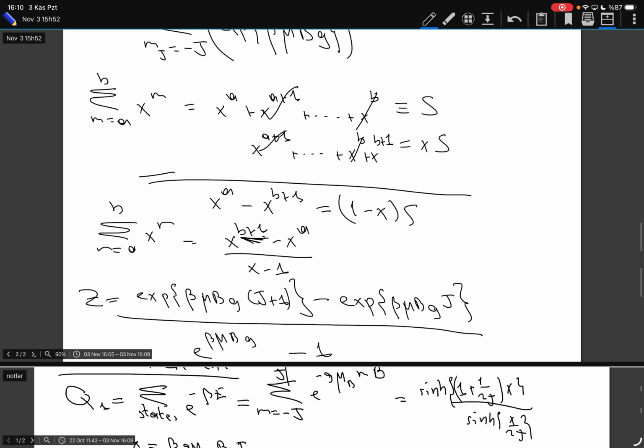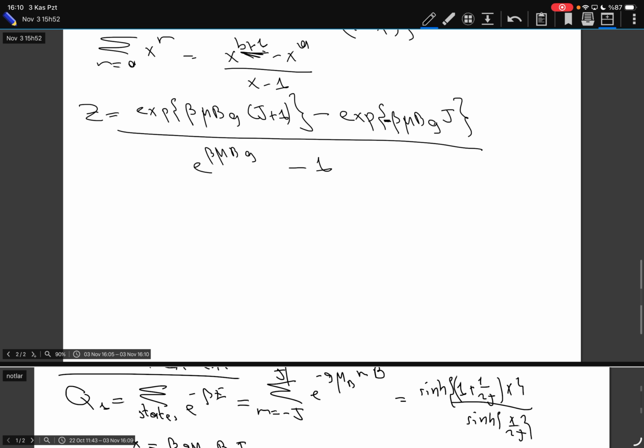You are right. So this is minus j. Thank you. Because m_j, the last value it takes is j, the next term is j plus 1, and the first term that m_j takes is minus j. So that's why in the first exponent I have a minus 1.